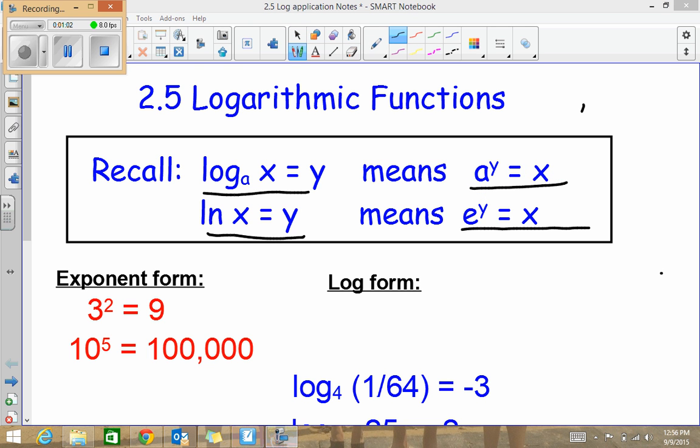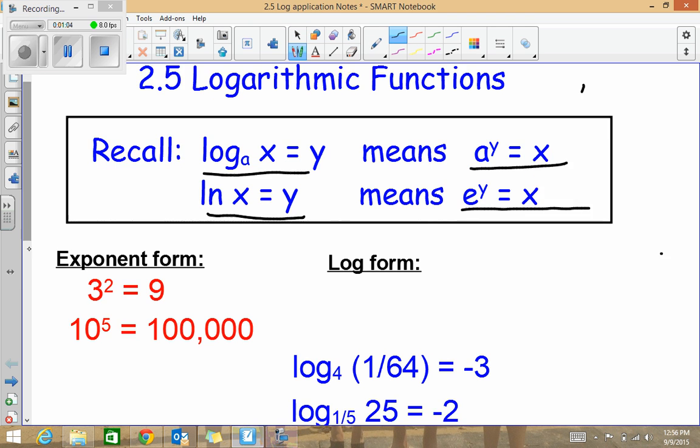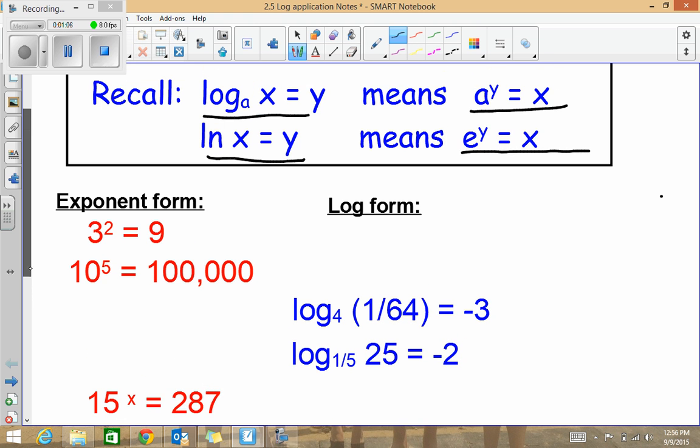As we look down at some examples about going back and forth, the purpose of this next activity is to take the exponential form and write it in the log form. And if you're given the log form, write it in the exponential form. So for example, this first one, 3 squared equals 9, or 3 to the second equals 9.